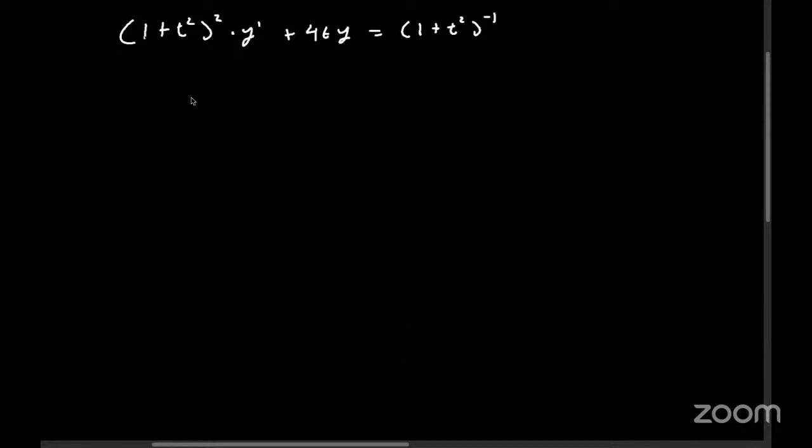So from there, what can we do? Well, first off, I think that was a mistake. That should be to the first. Yeah, that's better. Now, if we multiplied everybody by 1 plus t squared, we would no longer have to deal with this negative 1, and that could be helpful. But I don't know.